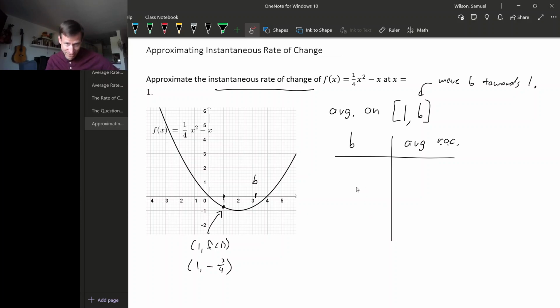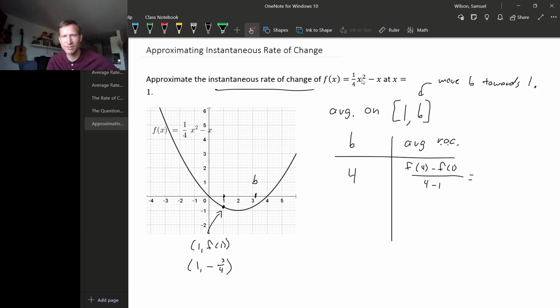Okay, so let's start with b equals, well, let's make b way too big. How about b equals 4? Then our average rate of change is going to be f of 4 minus f of 1 over 4 minus 1.